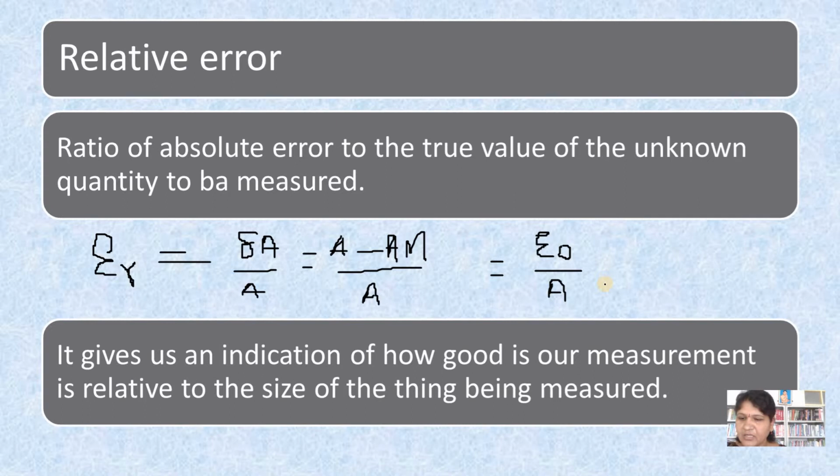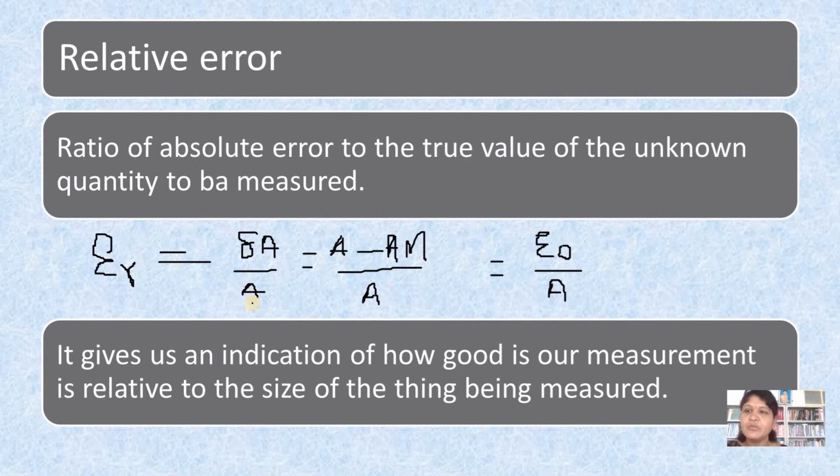Now this relative error gives us the indication of how good our measurement is. Because the word relative is there, it means that with respect to some criteria, we are finding how good our measurement is.